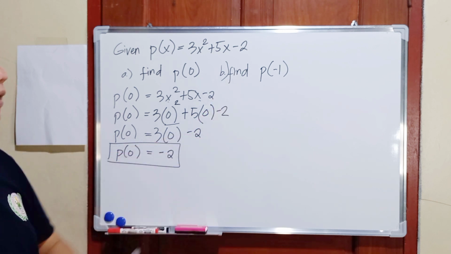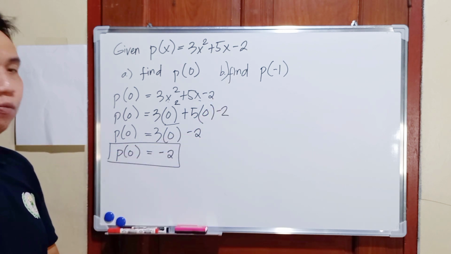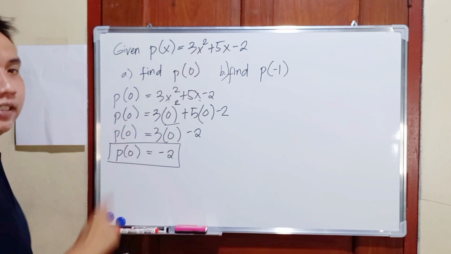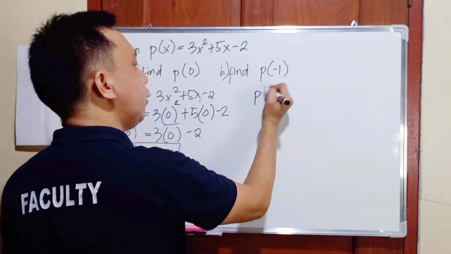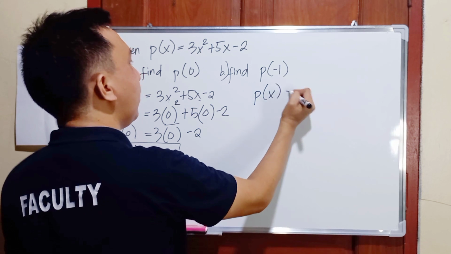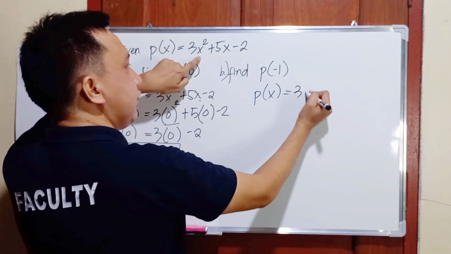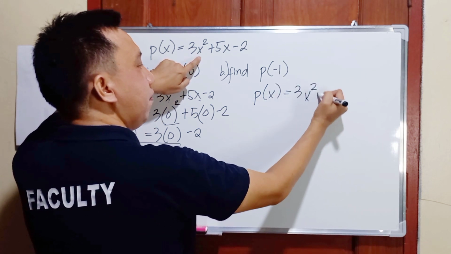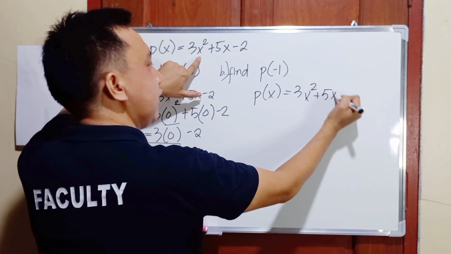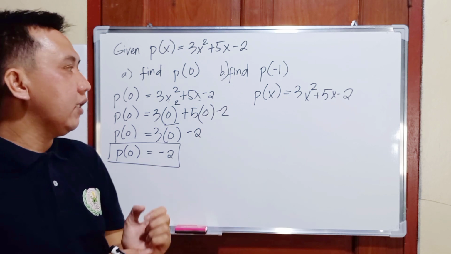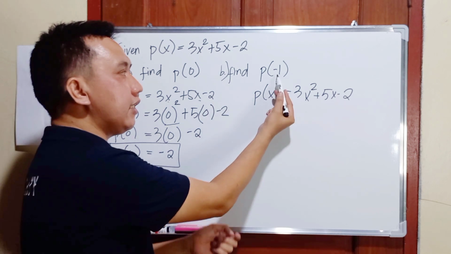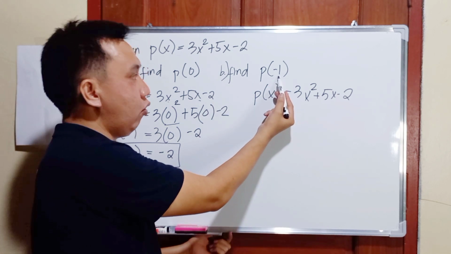Let us find P of negative 1. The same po ang ating equation. So, kopyahin lang natin, P of x is equal to 3x squared plus 5x minus 2. Kopyahin muna natin ang ating equation. And then, isasubstitute natin ang value ng ating x.